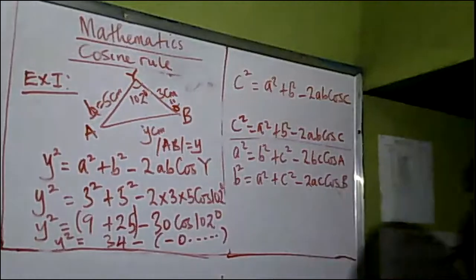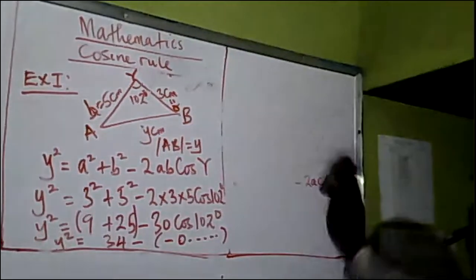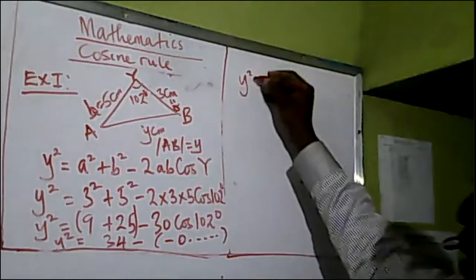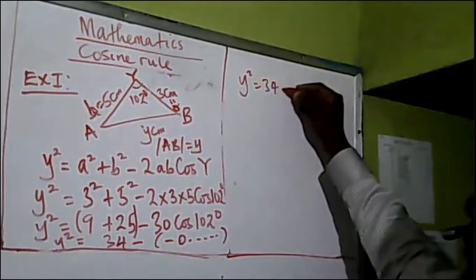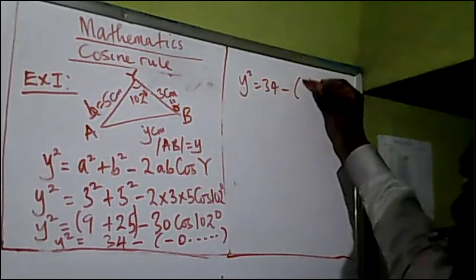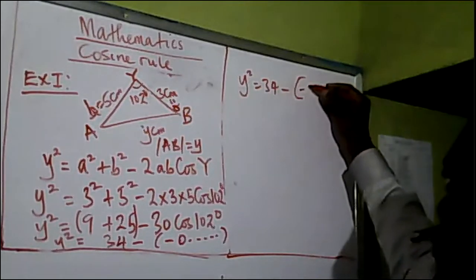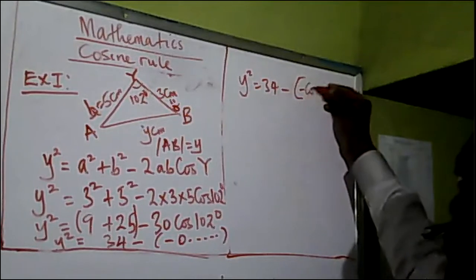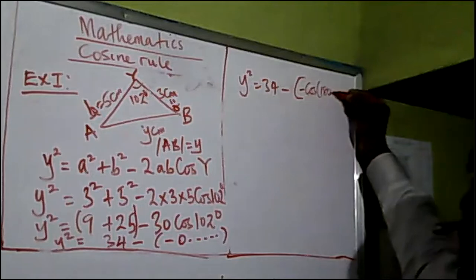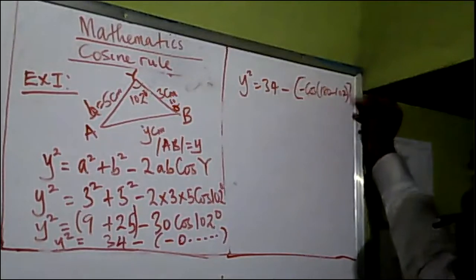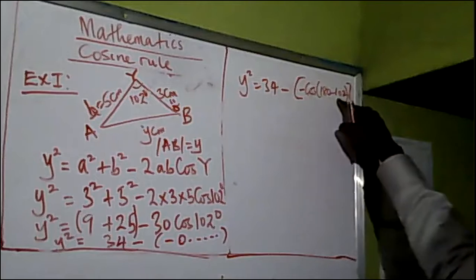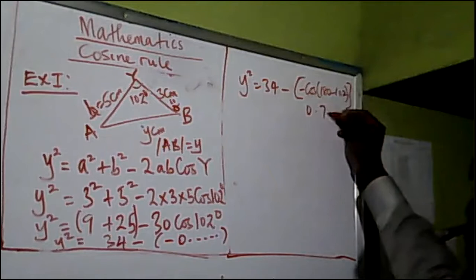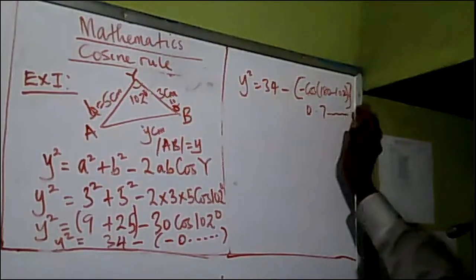Let's use a better part of the board. y square is equal to 34 minus, then minus cos of 180 minus 102. So whatsoever you get as answer, it will give you a positive answer, let's say 0.73 and so on, then you add to this.